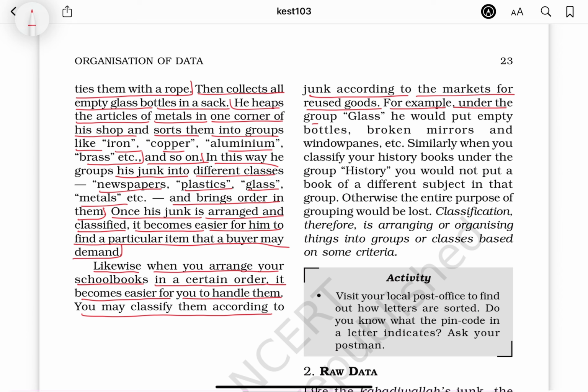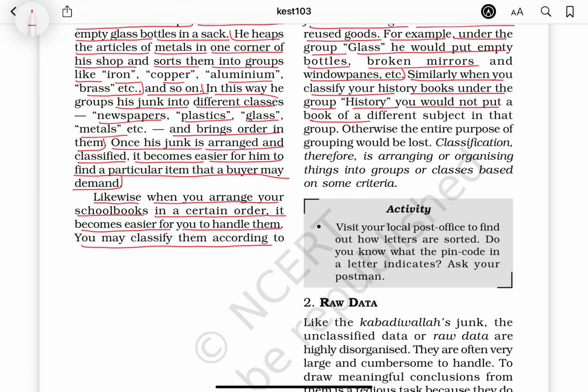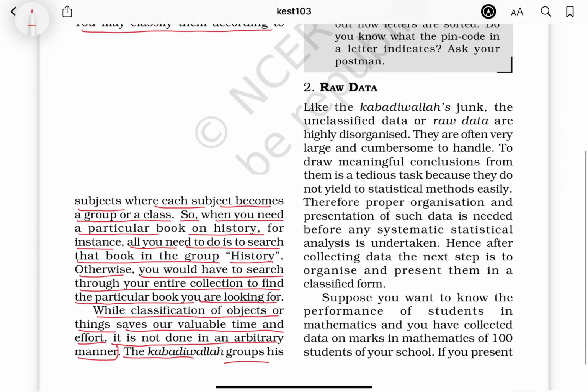For example, under the group glass, he would put empty bottles, broken mirrors, and window panes, etc. Similarly, when you classify your history books under the group history, you would not put a book of a different subject in that group. Otherwise, the entire purpose of grouping would be lost. Classification, therefore, is arranging or organizing things into groups or classes based on some criteria.